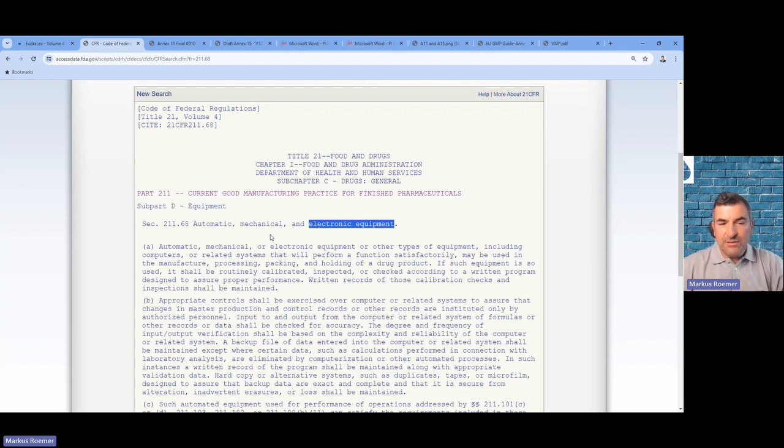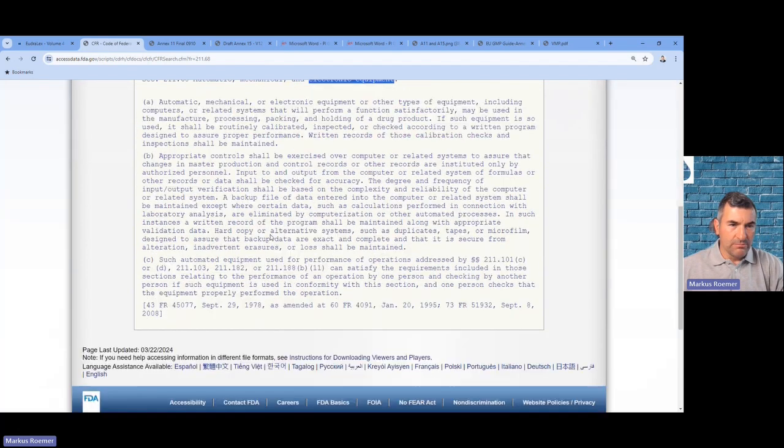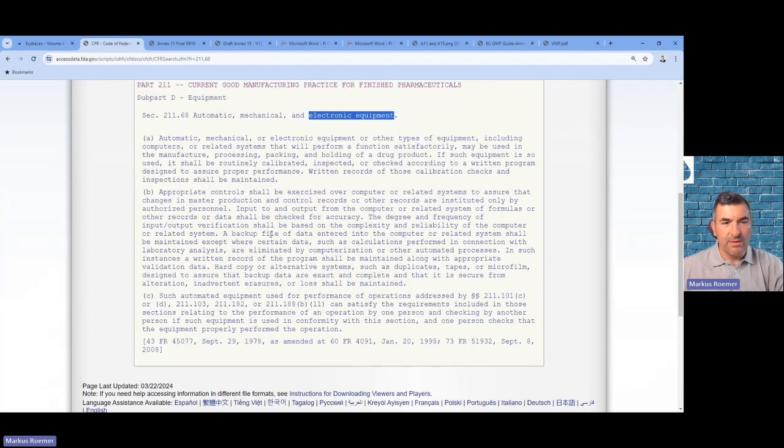Also to mention here, 21 CFR Part 11, electronic records, electronic signatures, is not the validation requirement or the regulation for validation in GMP. Like here, CGMP, these are written down in 211.68. And it's not more than one page. Appropriate controls, calculations.